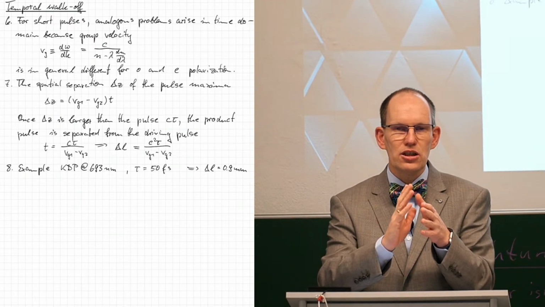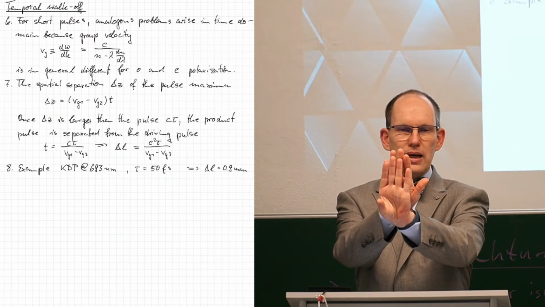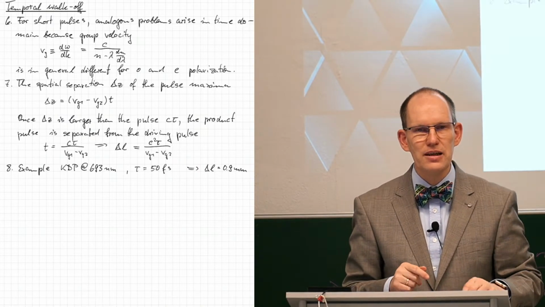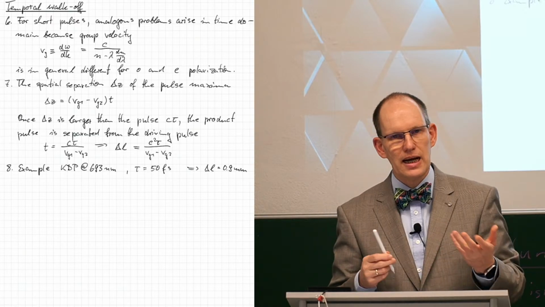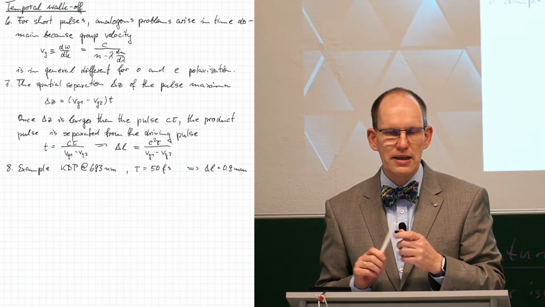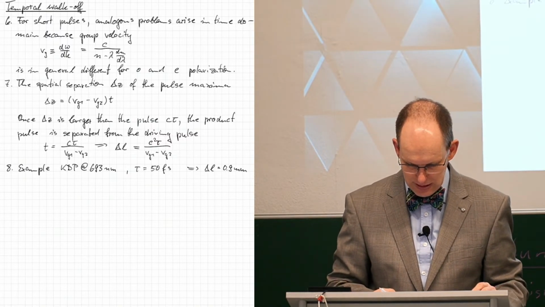You orient it such that it puts together both pulses again. And if you are clever enough, then you can even design configurations such that spatial and temporal walk-off is compensated.